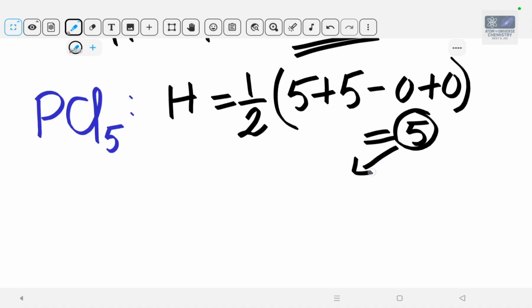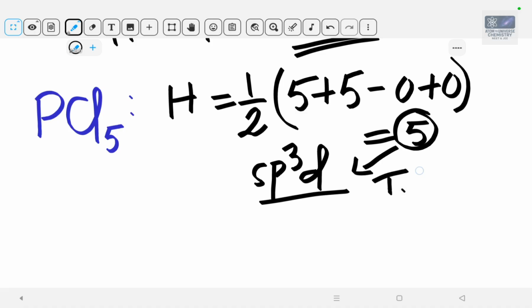So it is sp3d. It is called T, that gives the TBP structure.